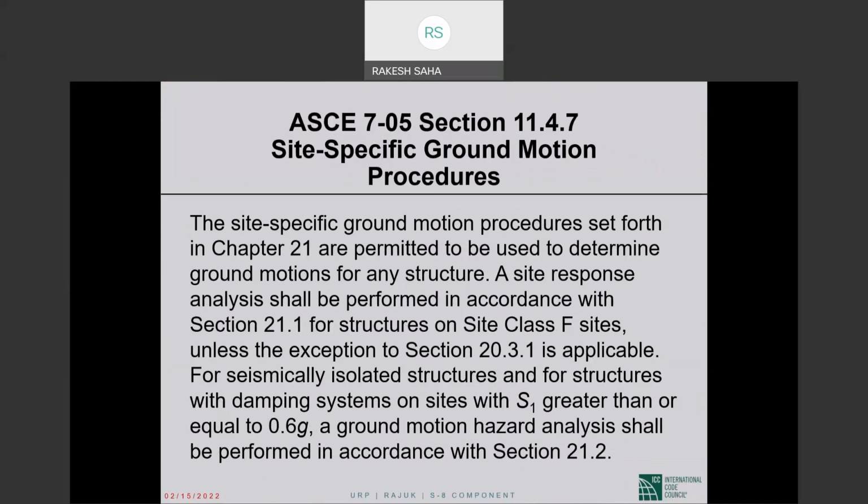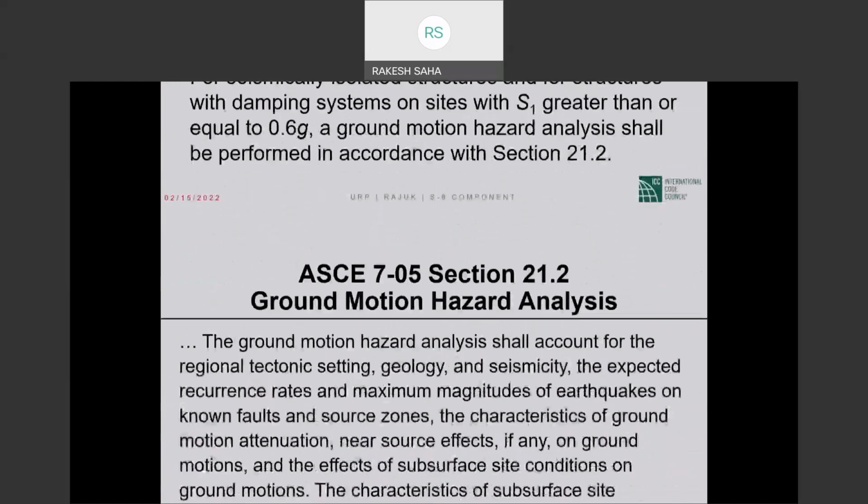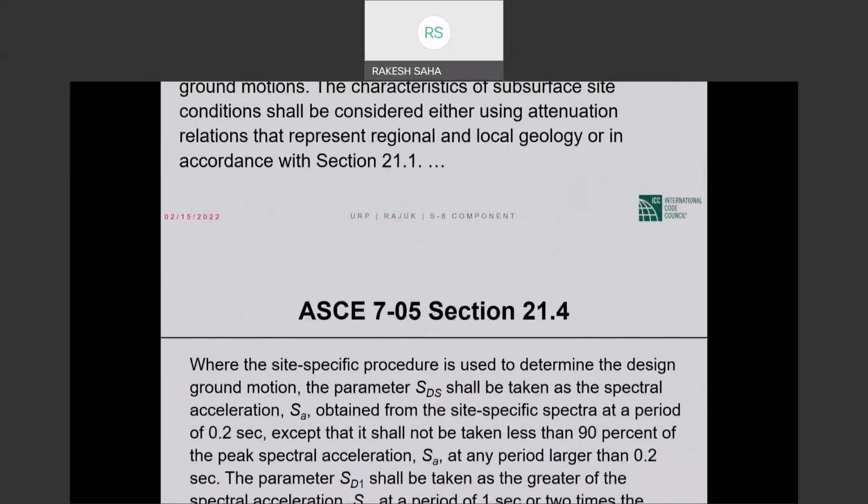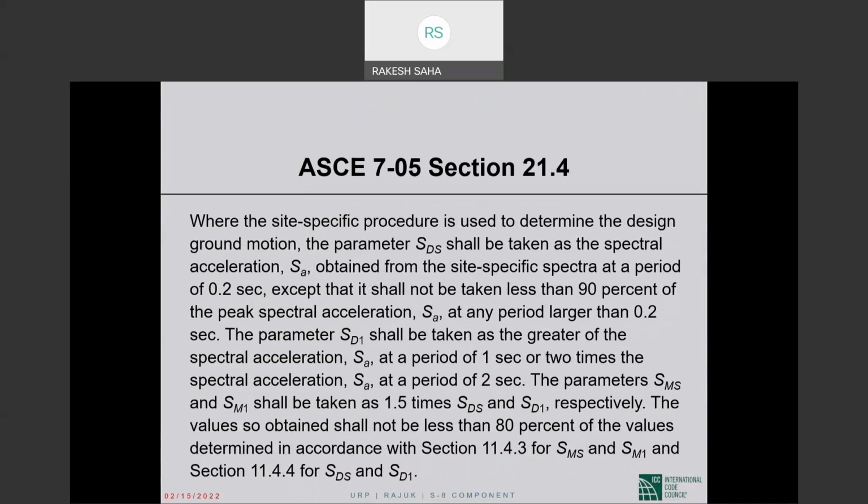So site-specific spectrum, there are very important things said in ASCE 7 that I included here, but I'm not going to read because this is a lot of writing, and some of the stuff may sound a little bit strange to you, but it talks about the site-specific analysis that ASCE 7 would have us do.